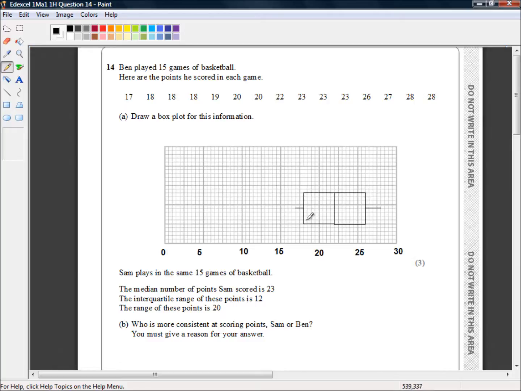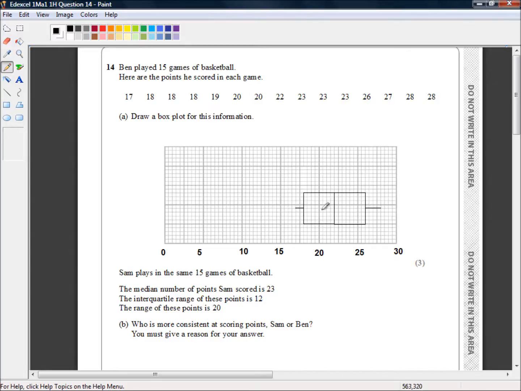And that's my box. And then the whiskers go from the edge of the box to the lowest number in the data set, and again from the right hand side of the box all the way up to the highest number in the data set.